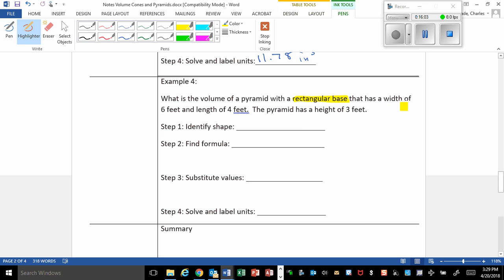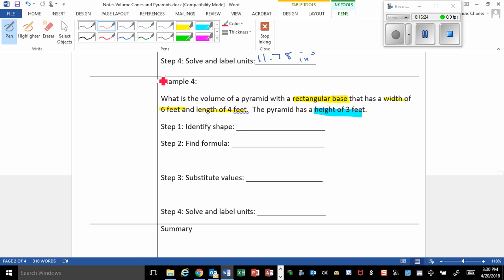Because it tells you a width of 6, a length of 4, then it says we got a height of 3.